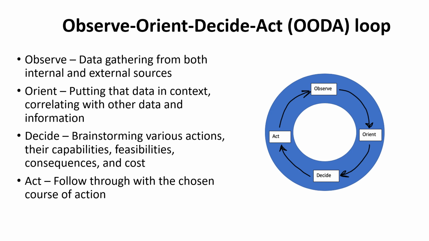Orient is putting that data in context, correlating with other data and information. Decide entails brainstorming various actions, their capabilities, feasibilities, consequences, and costs. And Act is a follow-through with the chosen course of action.